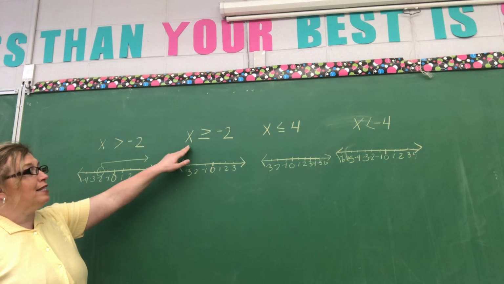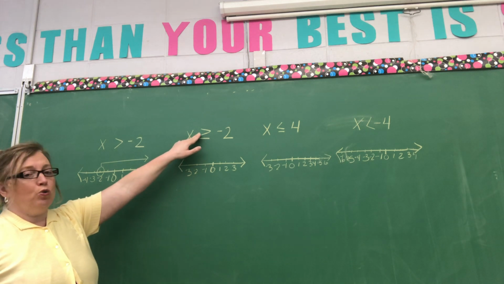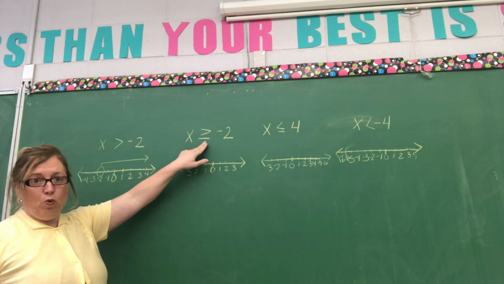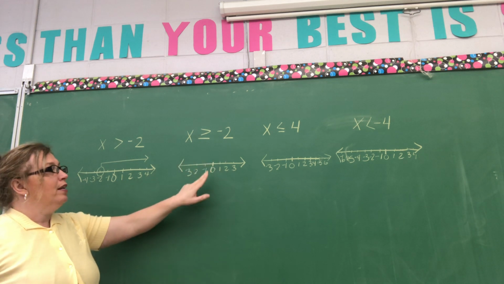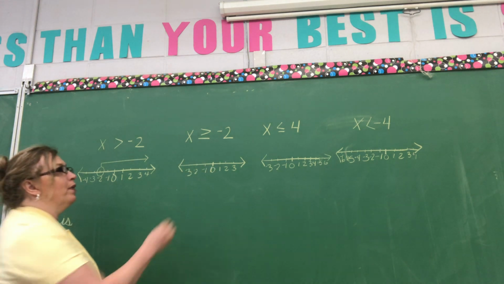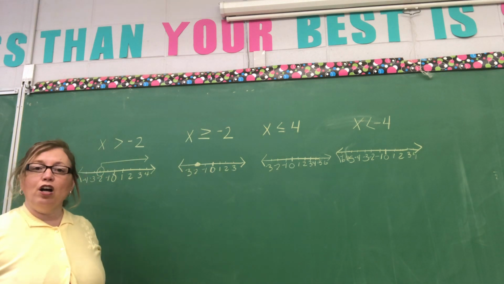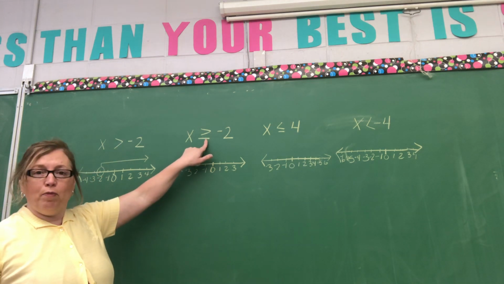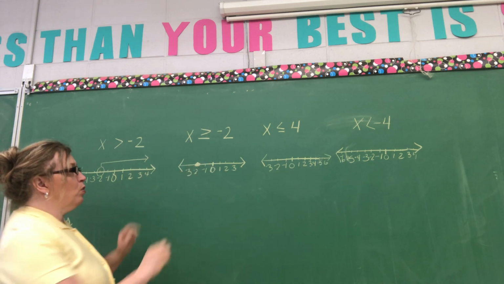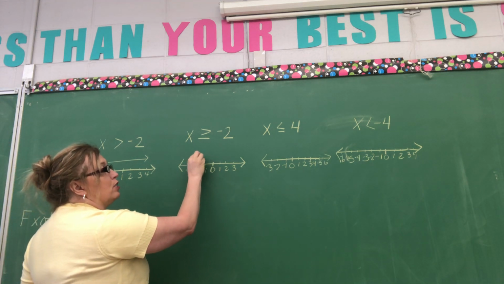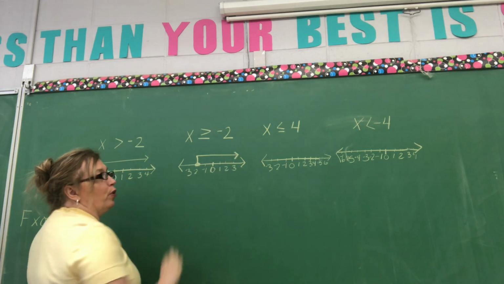Look at the next one. This time I said x is greater than or equal to negative 2. This time go to the negative 2, color in your negative 2. The reason I color it in is because I have that equal mark. So I'm going to say it's equal to or it's greater than. So again, I'm going to go to the right.